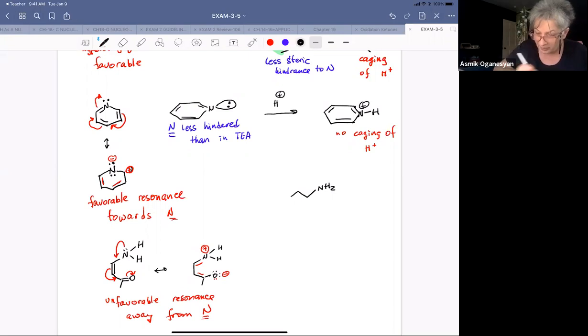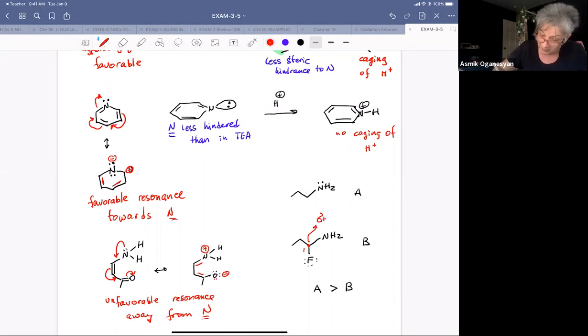If I compare this base with this one, A and B, my base A will be stronger than B. And the reason is that in base B, this carbon is pretty electron positive because the inductive effect from fluorine pulls electron density away.